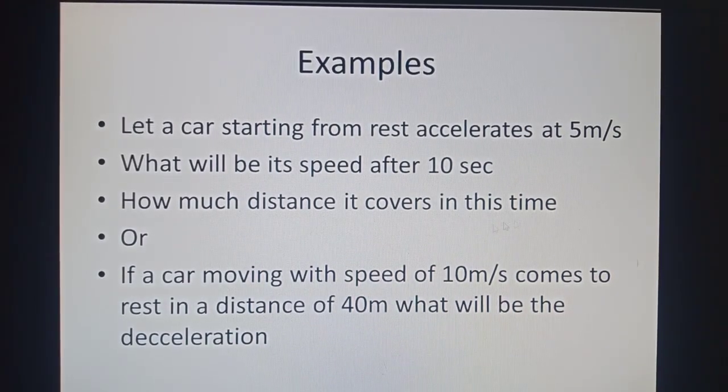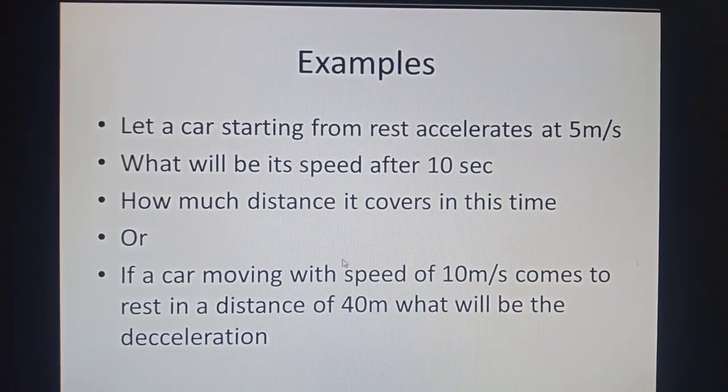Now, there is another type of motion that we usually call motion under gravity. Galileo was a scientist who showed and experimentally proved that whenever something falls freely under the action of gravity, it possesses the same acceleration. It falls with the same acceleration, and that is known as acceleration due to gravity.